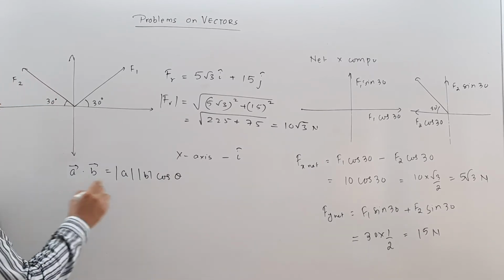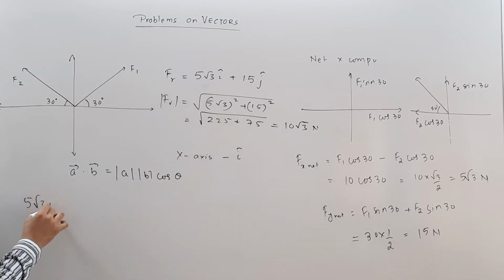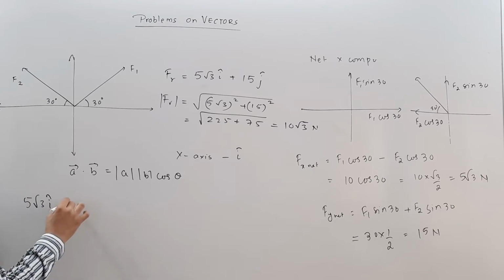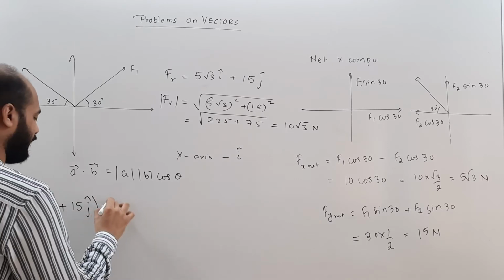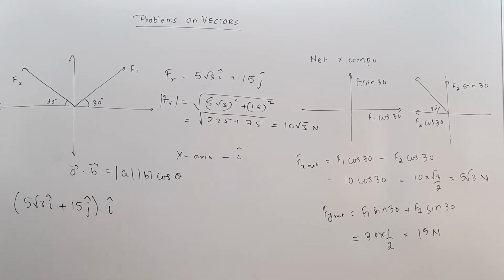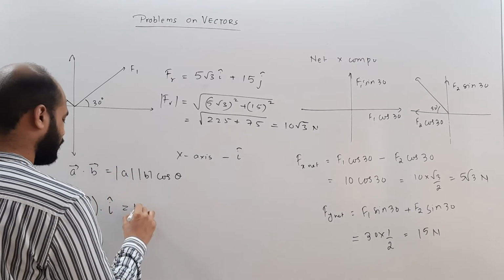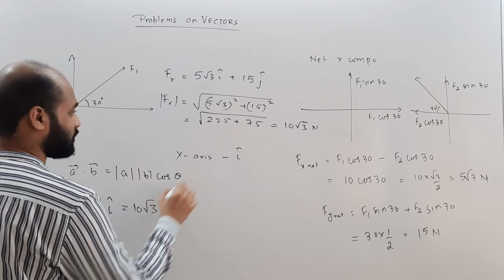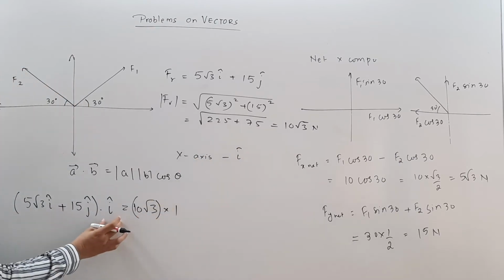So A is going to be this vector, which we will write as 5 root 3 i cap plus 15 j cap dot i, because the next vector is i, that is the x-axis, and magnitude A is going to be 10 root 3 as discussed over here, and magnitude B is going to be 1, because this is a unit vector.